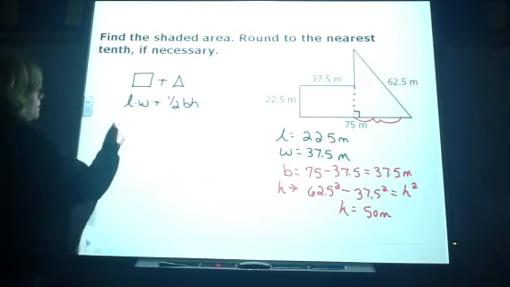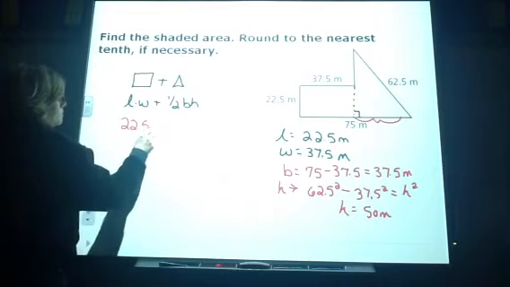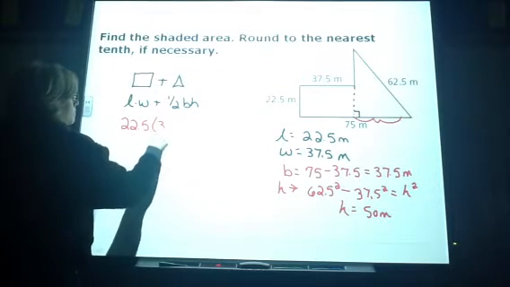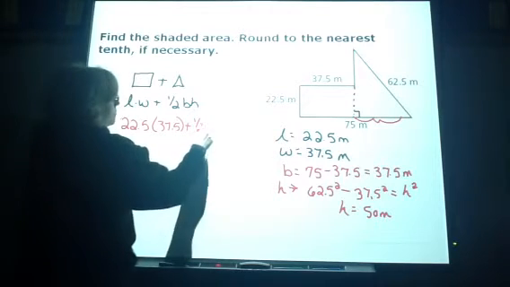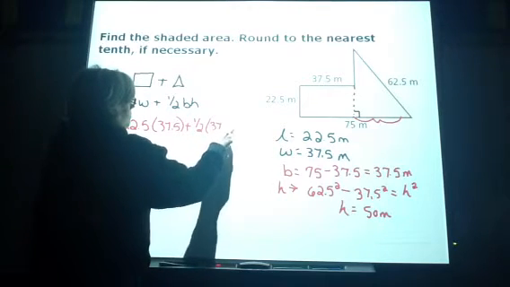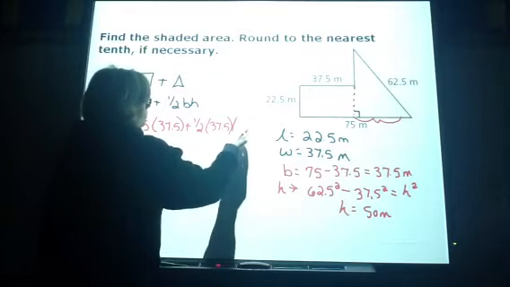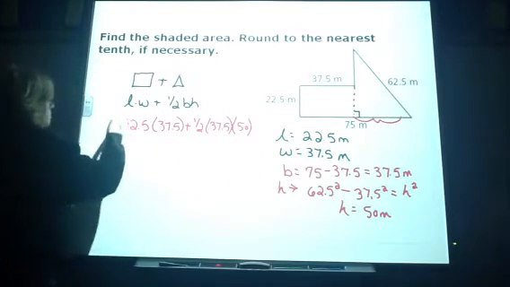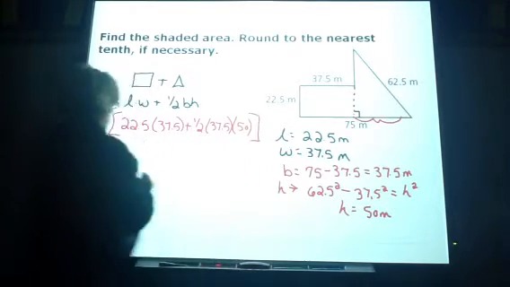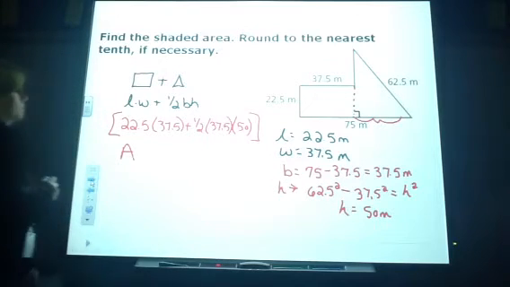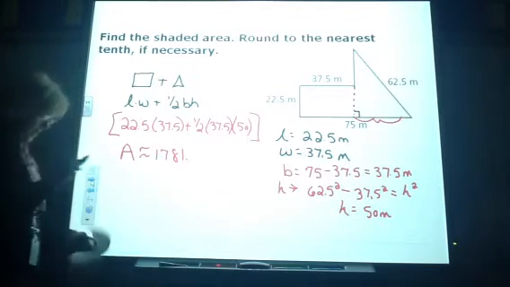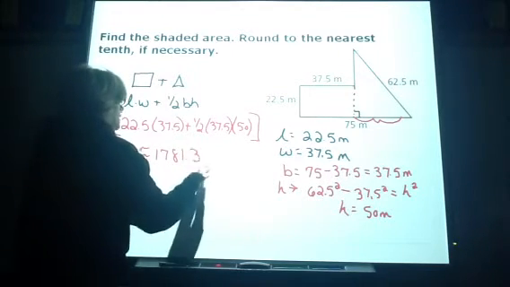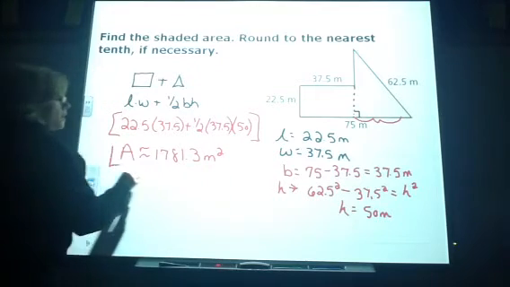All right, so we can substitute in. And I'm getting approximately 1,781.3 square meters.